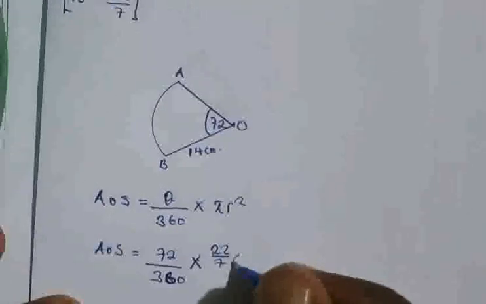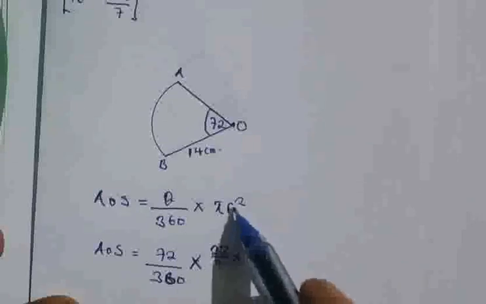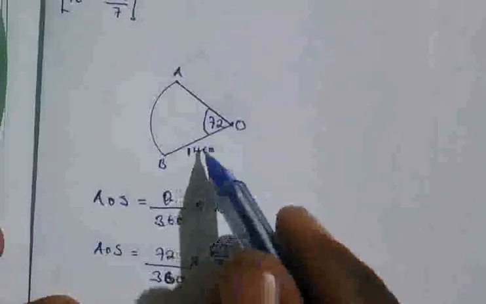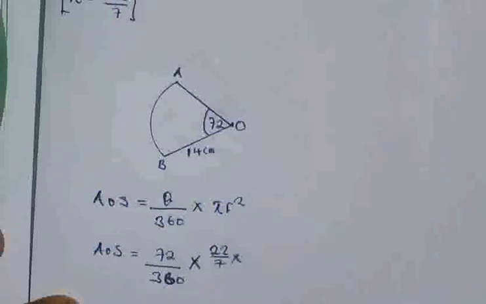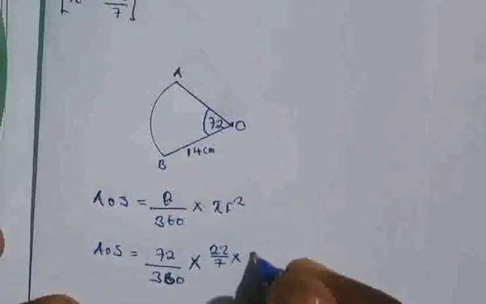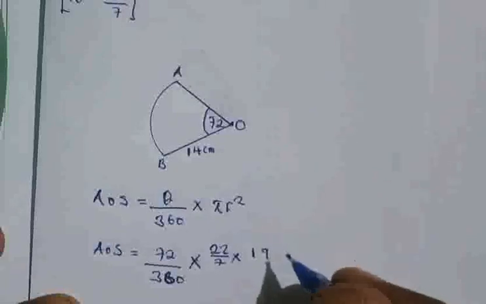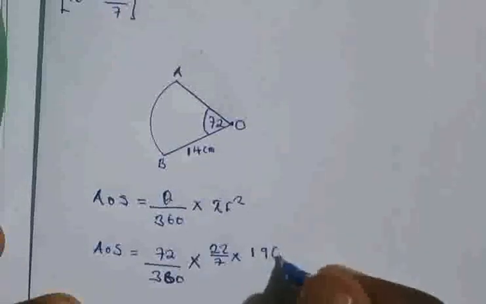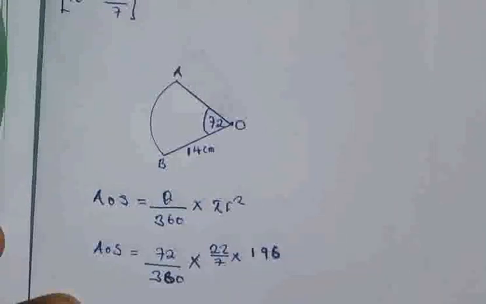And then what is r? That is the radius, isn't it? r squared. So what is 14 squared? 196. Yeah, 14 times 14 should be 196.